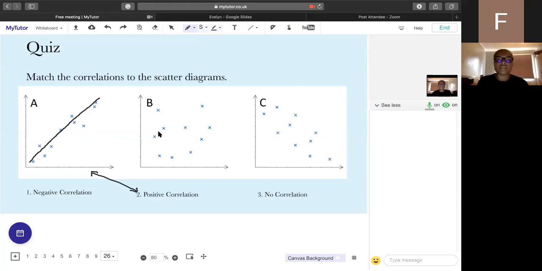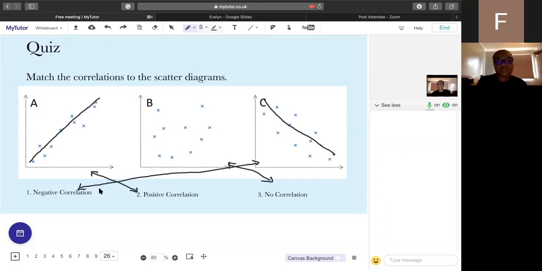It's just random points plotted around each other. So this one would be a no correlation, not negative correlation. And the other one, you'd have a line which goes down something like this. Now, even though it's a weak correlation because the points are quite spaced out from each other, it's still negative. So you would match it with a negative correlation.